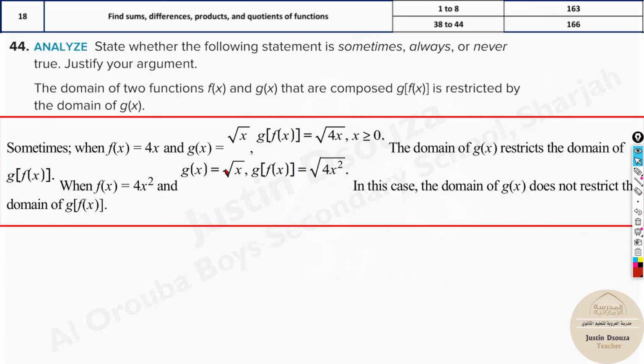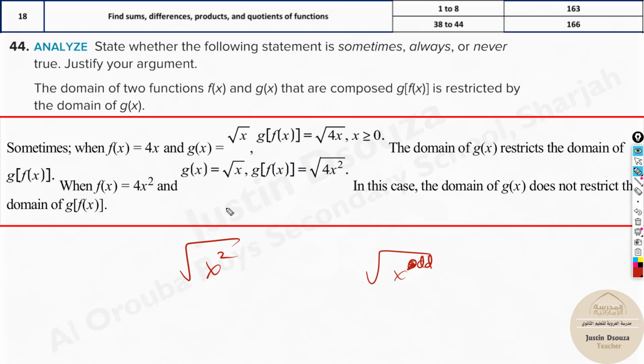Yes. But imagine you had a square over here. If x had an even power, and if it was an odd number, like x to the power 3 as well, you have an issue. Why? Because for the square root of x to the power 3, x to the power 5, or any odd powers, the domain is restricted by this square root function. But for even powers, it doesn't have any restriction.